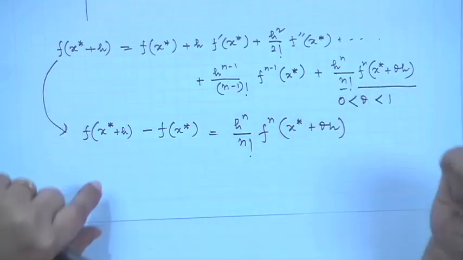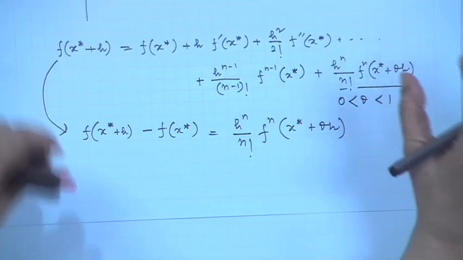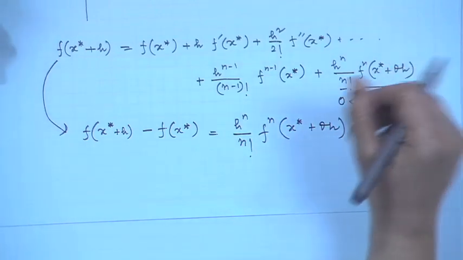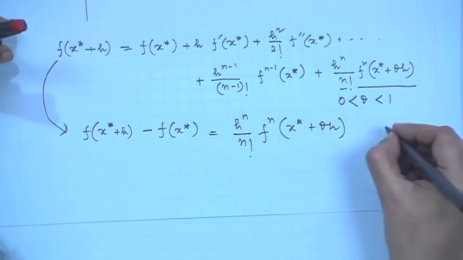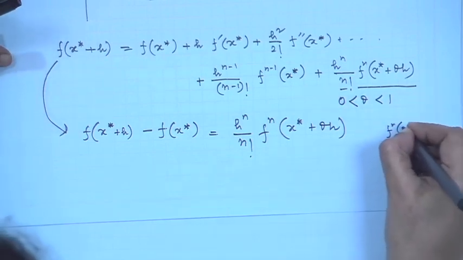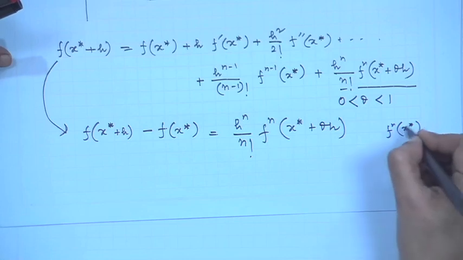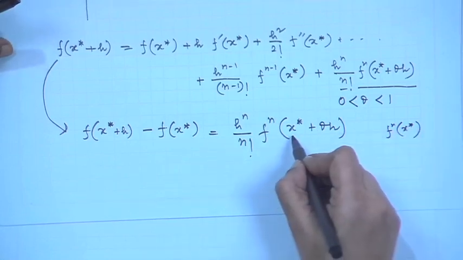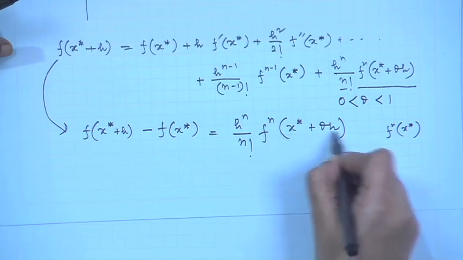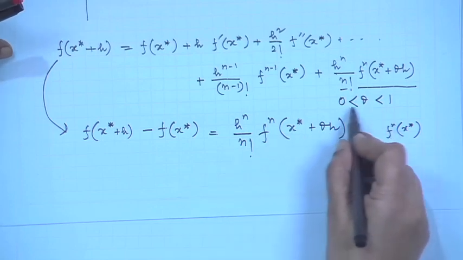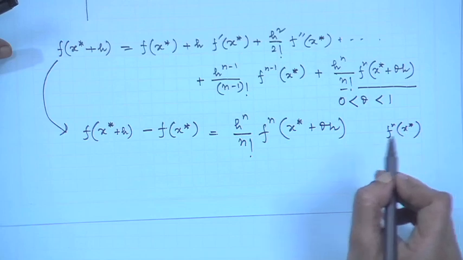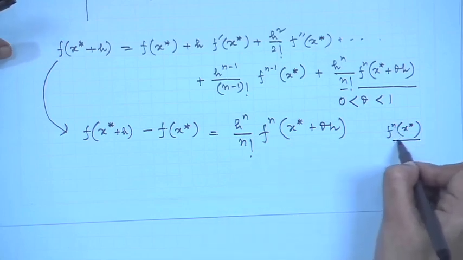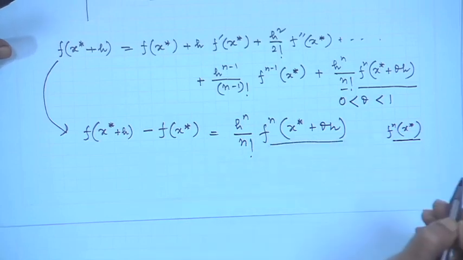Now, what has been given? It has been given only that we know the fact that f^(n) x star is non-zero. One thing you see here, whatever sign of f^(n) x star is there, it will be maintained the same on f^(n) of x star plus theta h. Here theta is between 0 and 1. That is why I can say that whatever sign we have for this, the same sign we have for this.